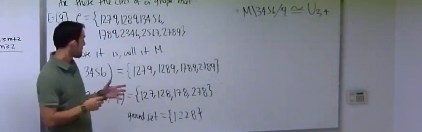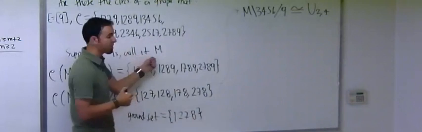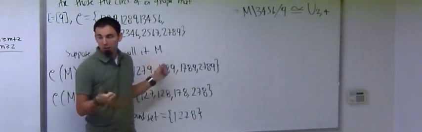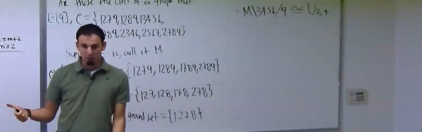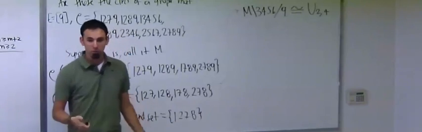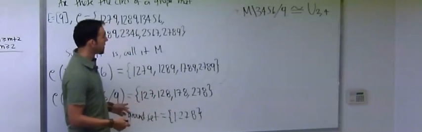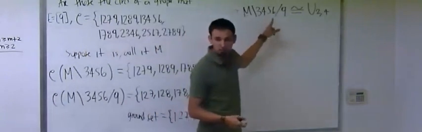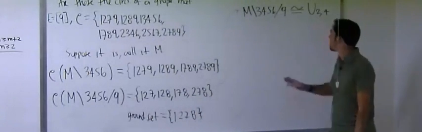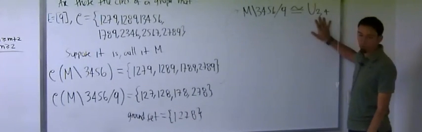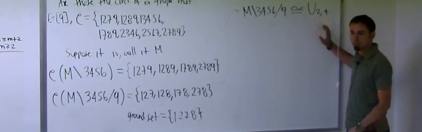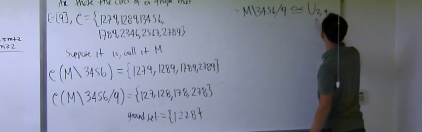Why am I done? Because I assumed that M was a graphical matroid. And I know that graphical matroids are closed under taking minors. So if M was graphical, then when I delete things and I contract things, I still should have a graphical matroid. But you guys proved in your homework that U24 is not a graphical matroid. Not graphical.